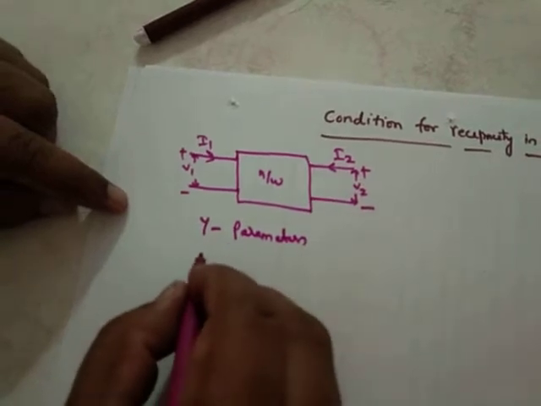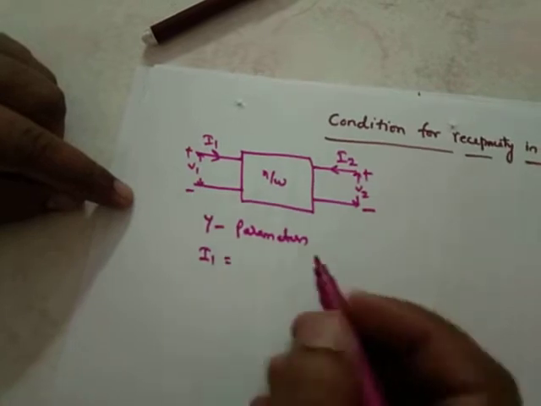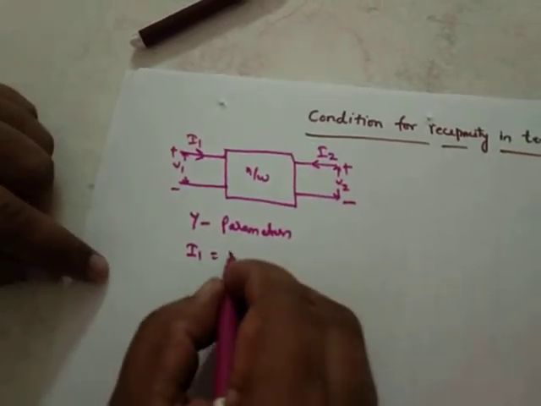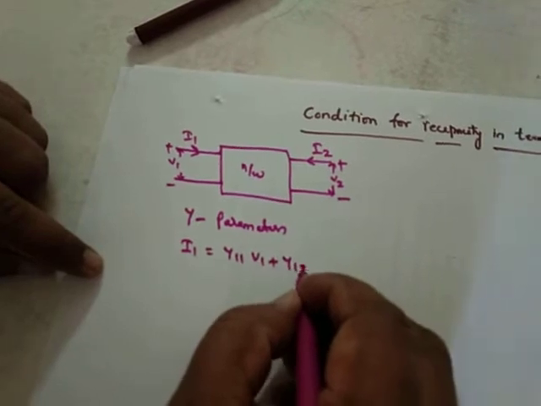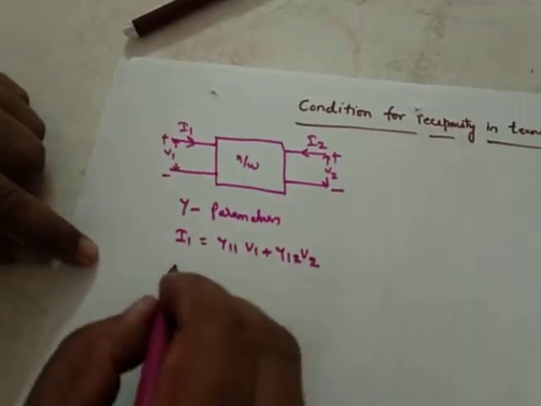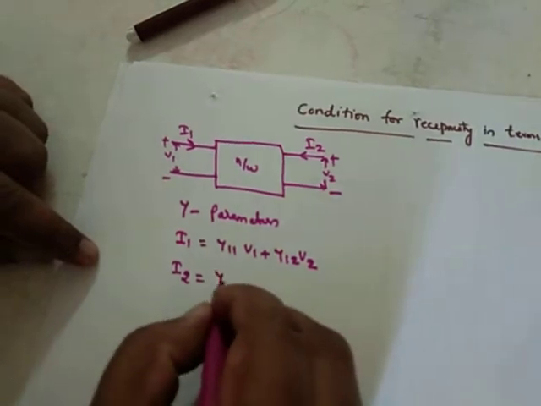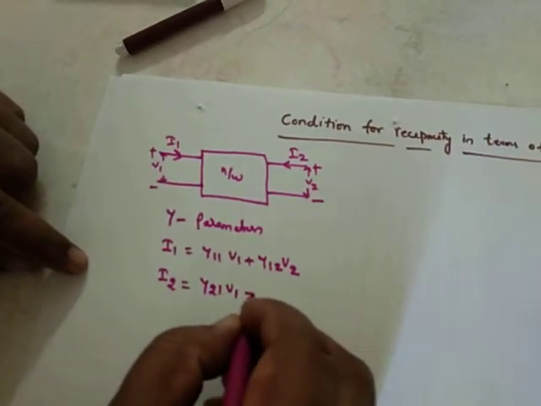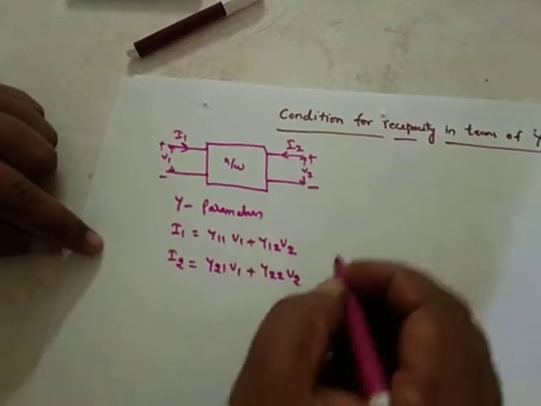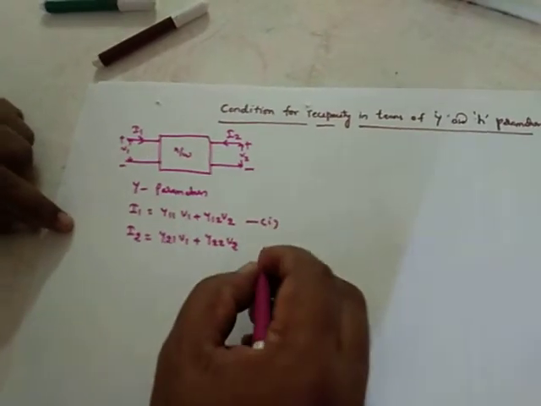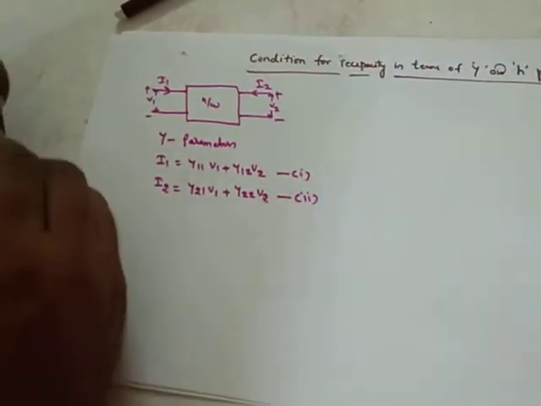In y parameters, I1 depends upon V1 and V2: I1 is equal to y11 V1 plus y12 V2. Similarly, the I2 current depends upon y21 V1 plus y22 V2. These two are the basic equations in y parameters.